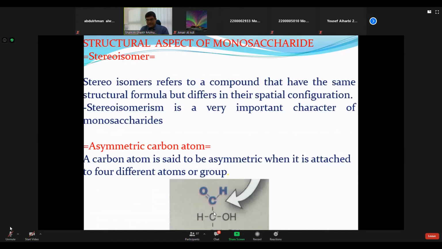You can see in one hand it holds CHO, other hand H, other hand OH, other hand CH2OH. So this particular carbon atom is called an asymmetric carbon atom. And for showing stereoisomerism, that particular molecule should have an asymmetric carbon atom inside the structure.